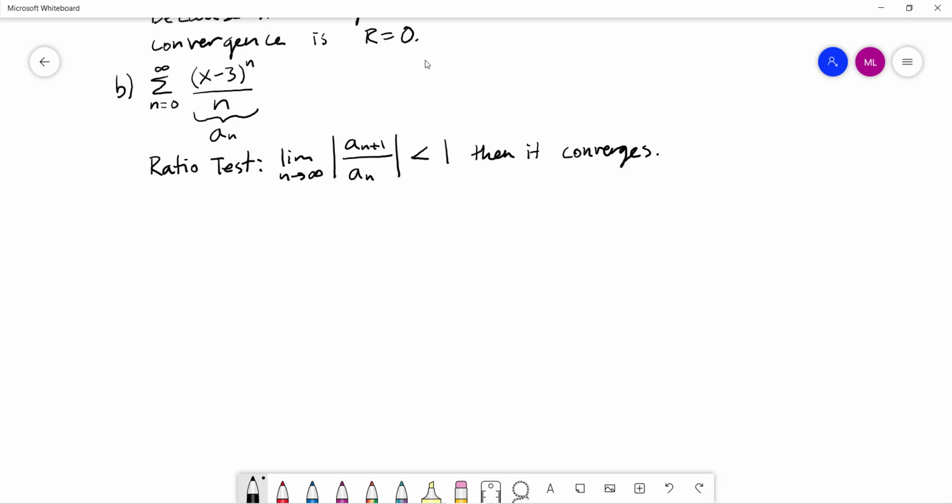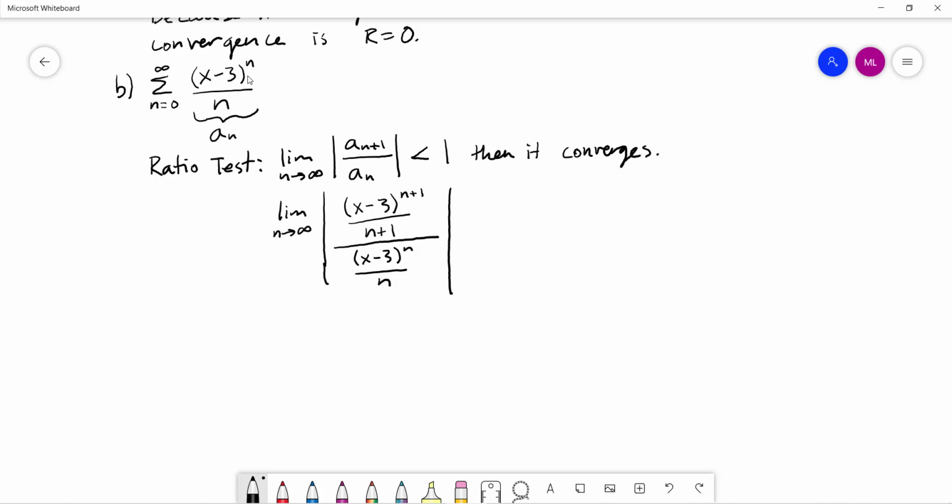So in this case, when we look at our specific example, we take the limit as n goes to infinity of our a sub n plus 1. That means on our numerator, I'm going to get (x minus 3) to the n plus 1 power over n plus 1. And then I'm dividing that by a sub n itself, so (x minus 3) to the nth over n.